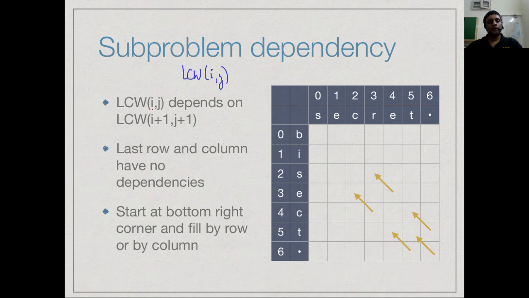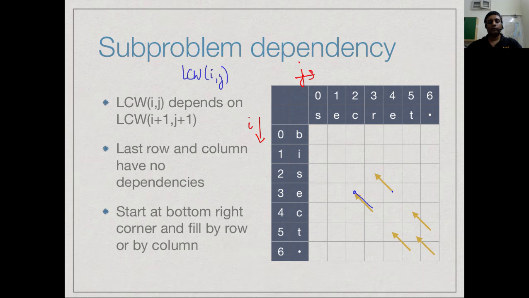So LCW IJ depends on LCW I plus 1, J plus 1. Right? So we have this kind of subproblem dependency. At every point, a value needs to look to the one which is below. So we have in this, just to be clear, this is our I and this is our J. Right? So it has to look down and right.